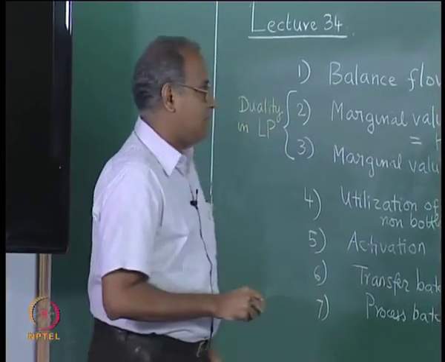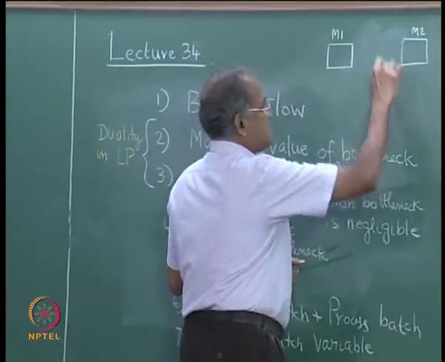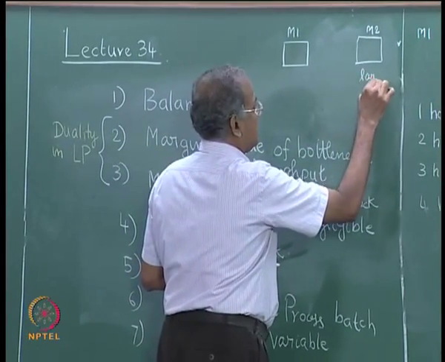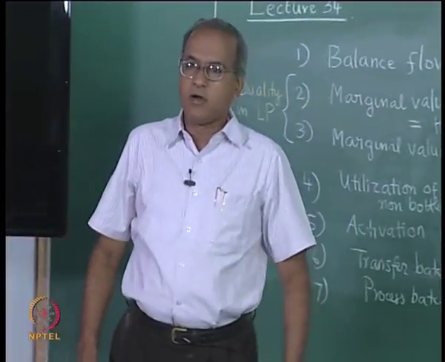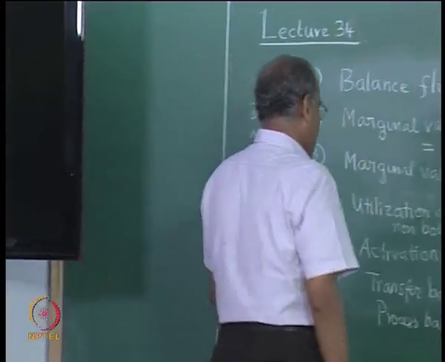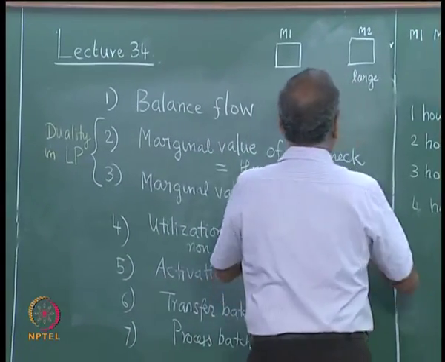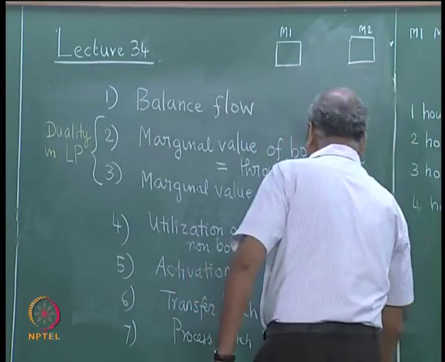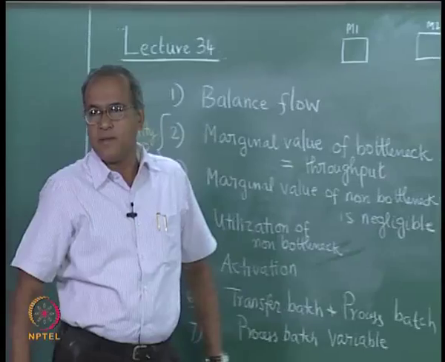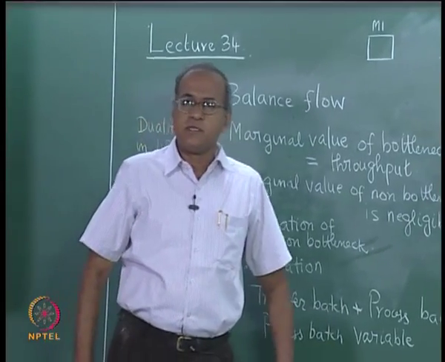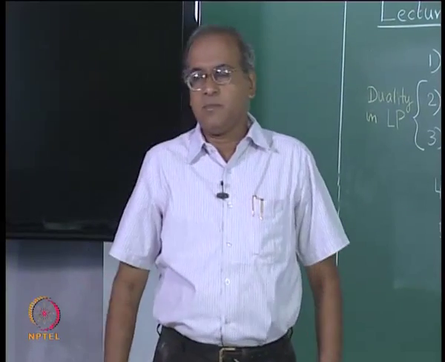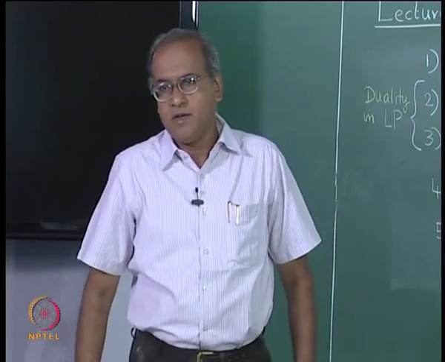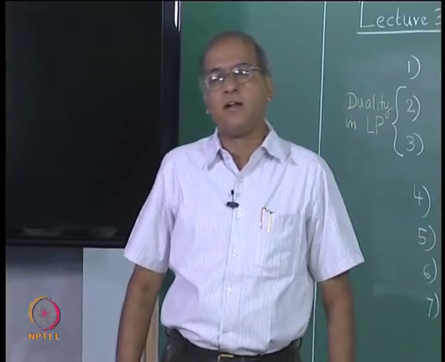Now, if we assume that the setup time is large on the bottleneck machine, or if I have to produce 100 of something, I have to produce 100 of A and 100 of B. There are two products on machines M1 and M2. We have to produce 100 of A and 100 of B.